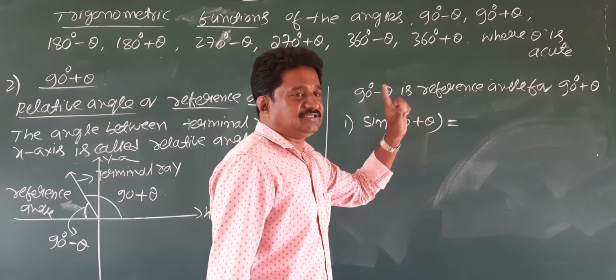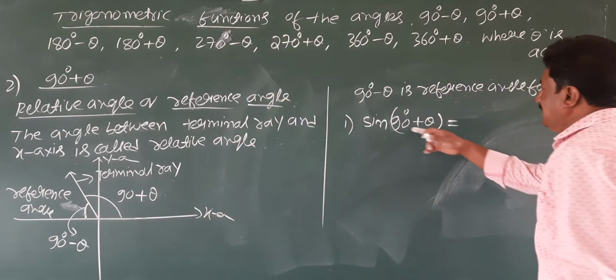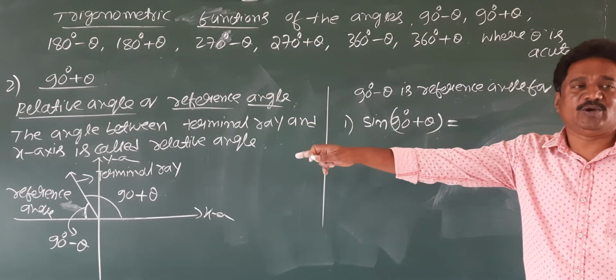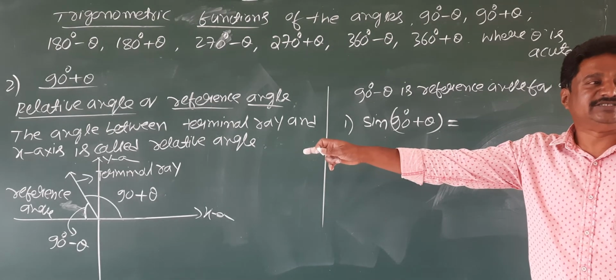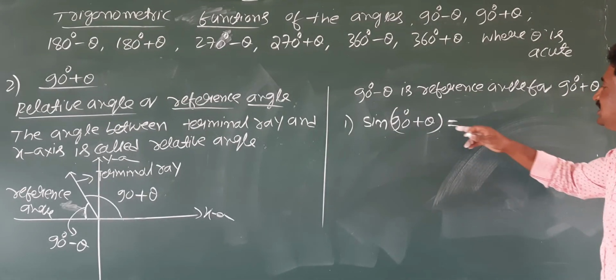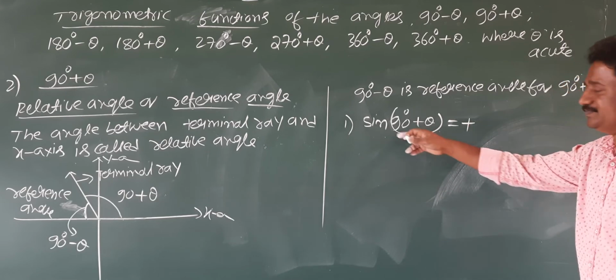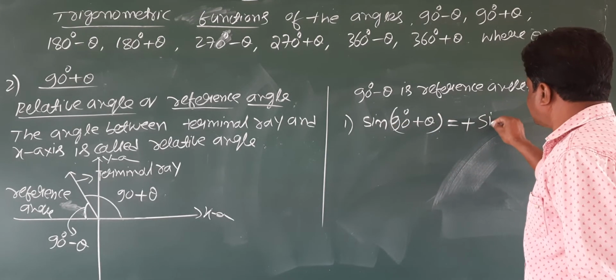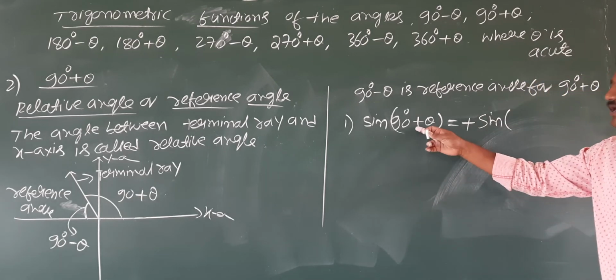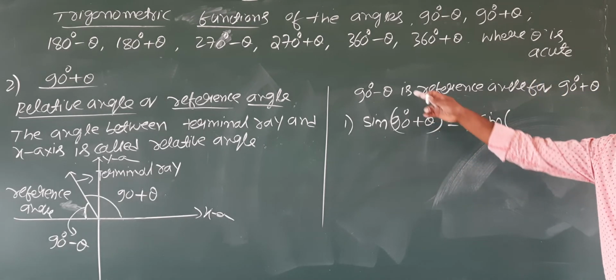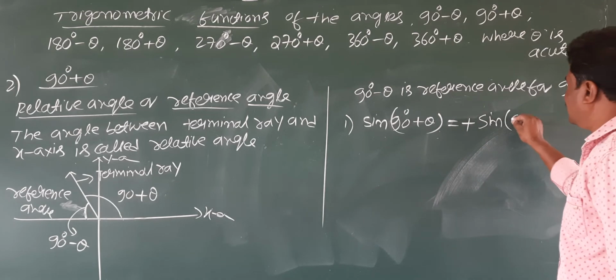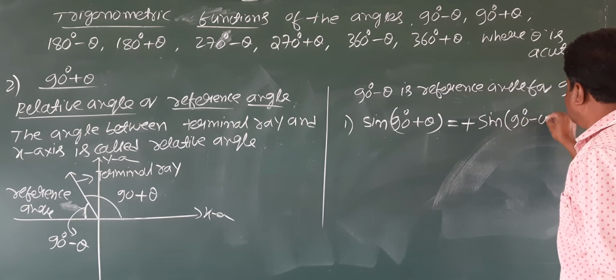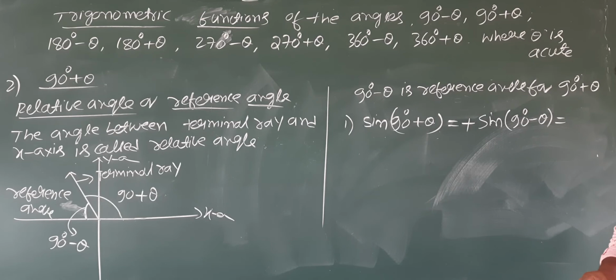Sin of 90 plus theta. Is 90 plus theta a second quadrant angle or first quadrant angle? Second quadrant angle. In the second quadrant, the sine value must be positive. The angle related to 90 plus theta is 90 minus theta. What is sin of 90 degrees minus theta? Cos theta.